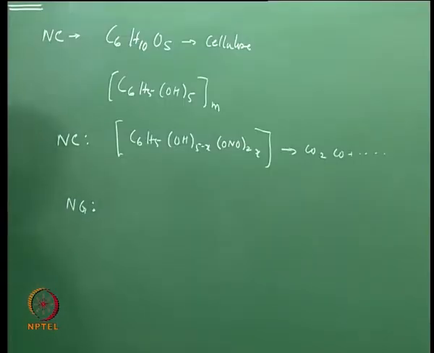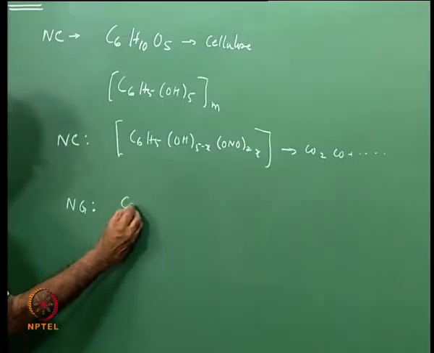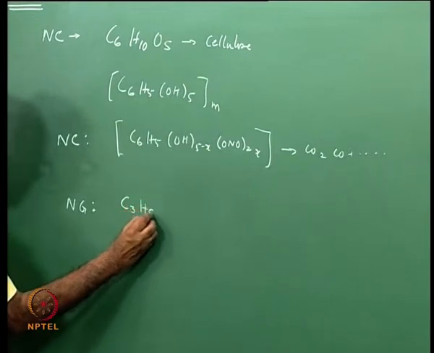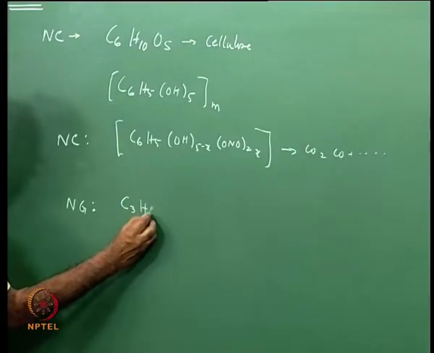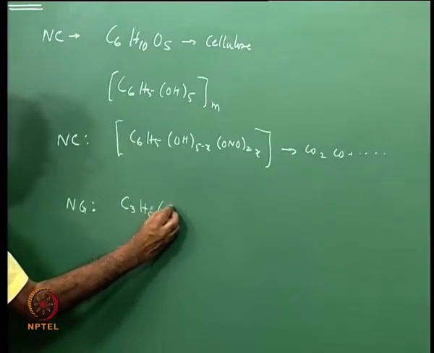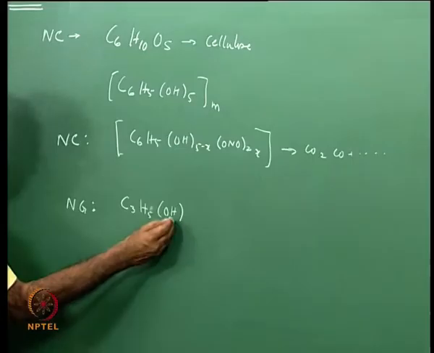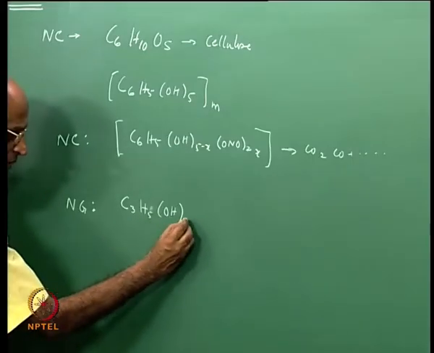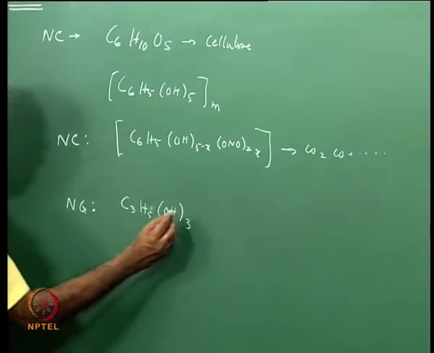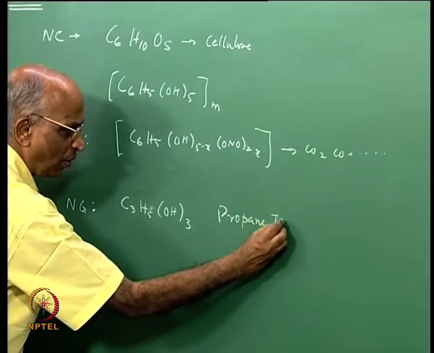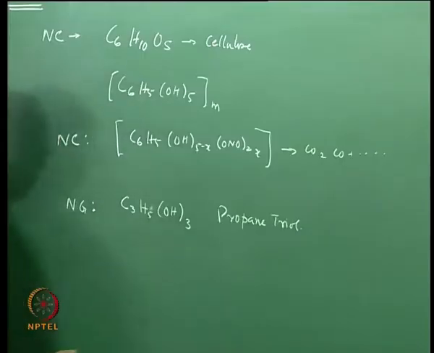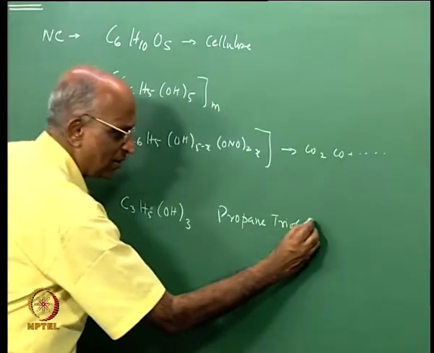And what was nitroglycerine? It was derived from propane, C3H8. We take propane, we take 3 of the hydrogens out, substituted by OH, namely an alcohol, we call it C3H5(OH)3, which we call propane triol, that is 3 of OH. This is known commercially as glycerine.